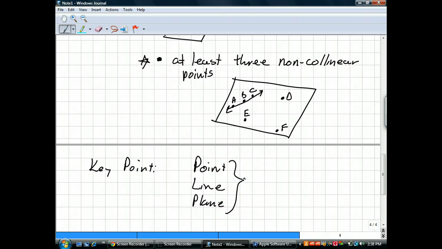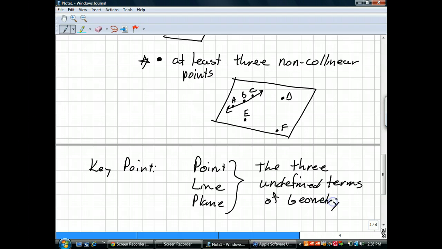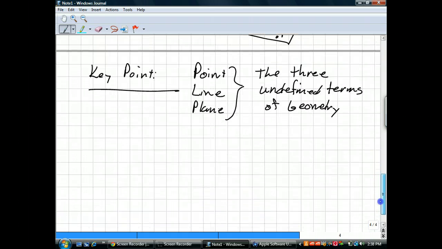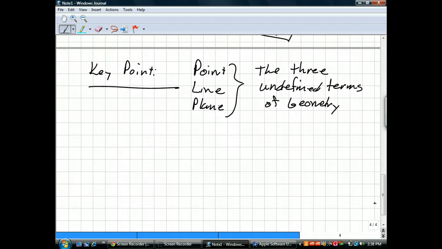Point, line, and plane are what we call the 3 undefined terms of geometry. Again, this will be on a test, so you want to make sure that you understand that point, line, and plane are the 3 undefined terms.